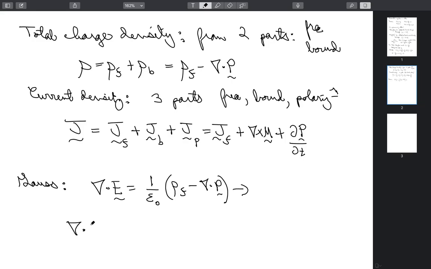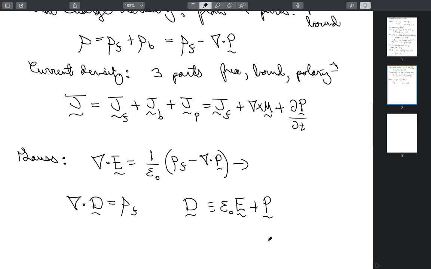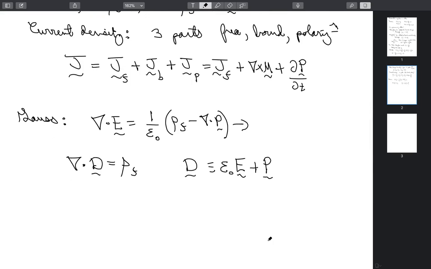I just have the divergence of D, which is equal to rho free. And you'll remember D is by definition epsilon 0 E plus P. For now nothing changed. This is what we already had in the static case.